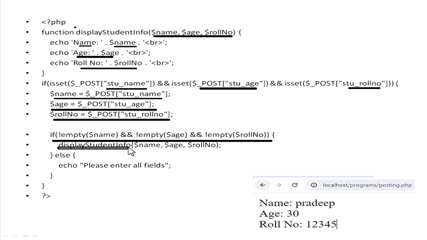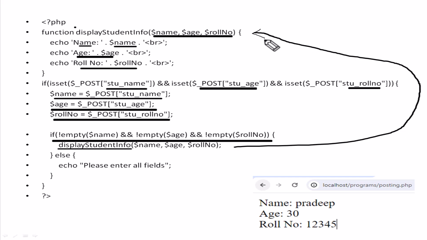Here we have invoked the function. The function will be called, and it is going to display the name, age and roll number, because whatever values we have posted will be displayed. Otherwise the else will be executed, and it is going to print the message, please enter all the fields.